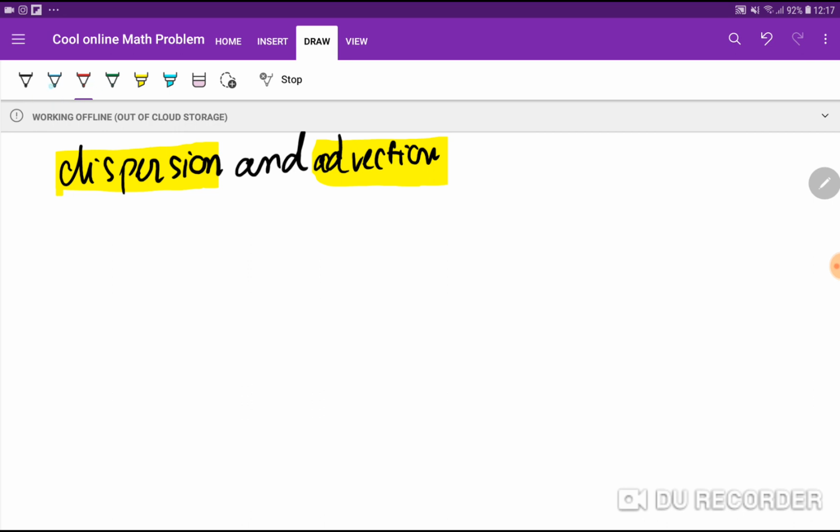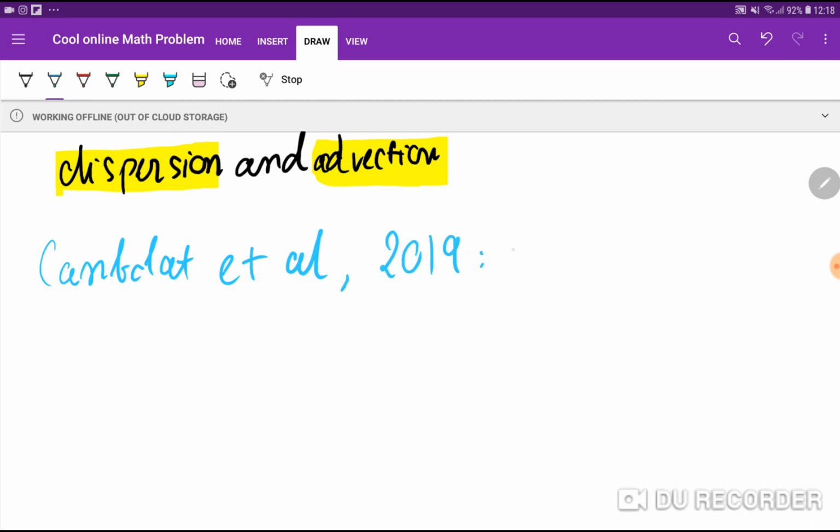The author is, let me make sure I write his name correctly, Canbolat et al. Et al. means other people, and it was published in 2019. I'll write the link below in the description.